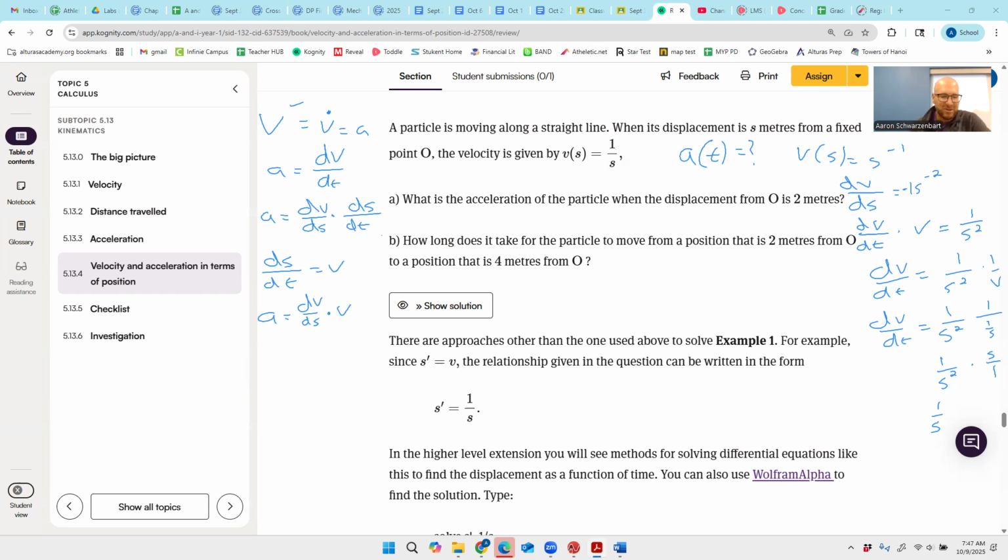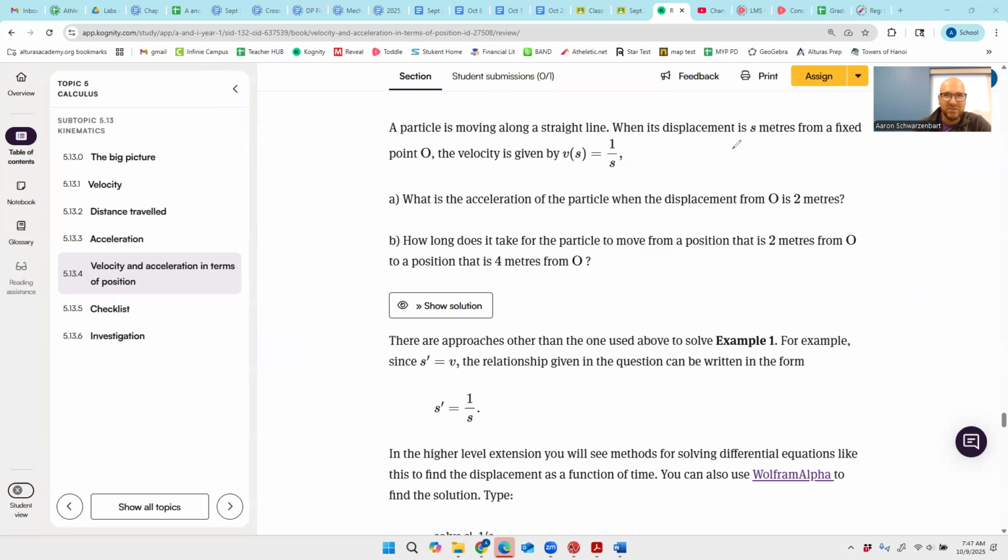Hmm, they get negative 1 over s cubed. Oh, I did lose my negative. And they did not show this very well, so I'm not sure if they made a mistake. I'm going to show you Mr. Klein's way, which I think is actually a little better.